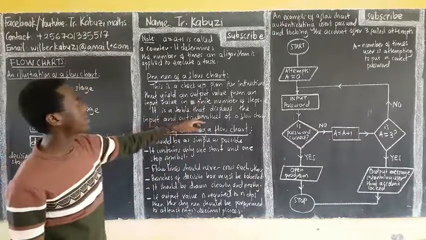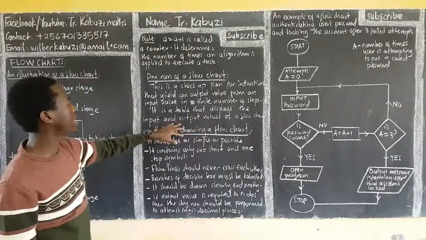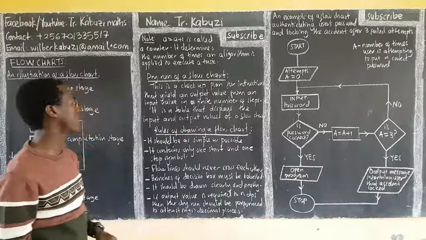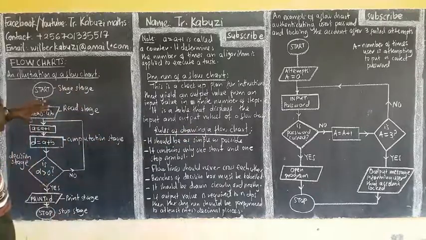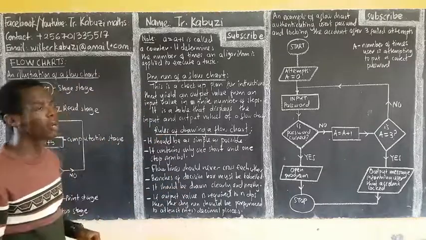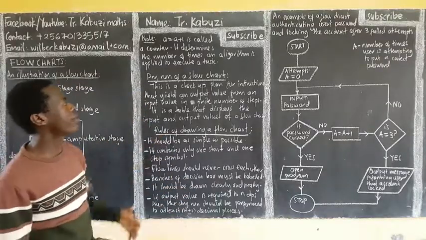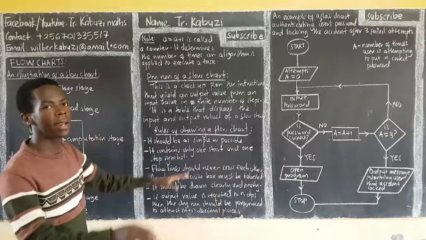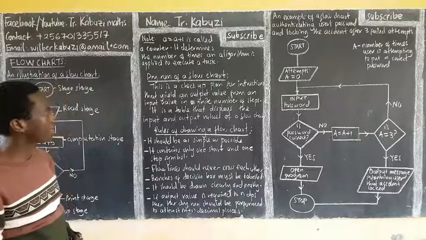It's a table that displays input and output values of a flowchart. Things you input here and then output, we are going to use this. It's a table, but its common name is a dry run.